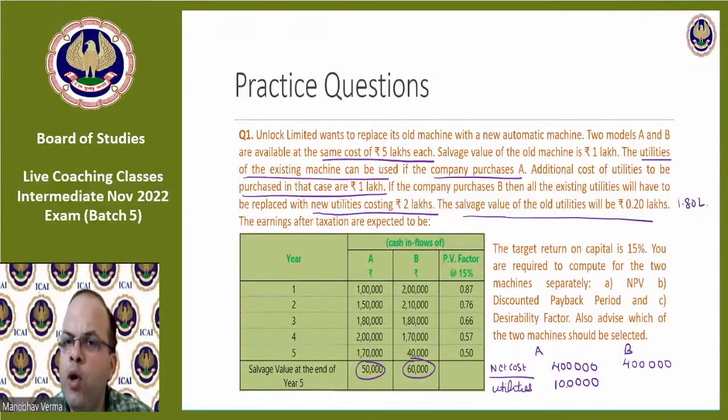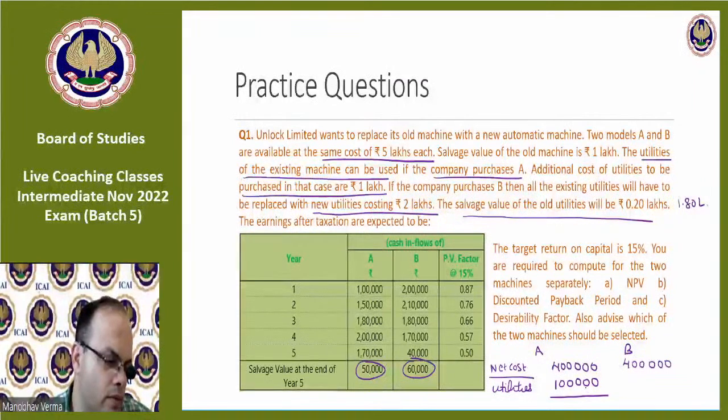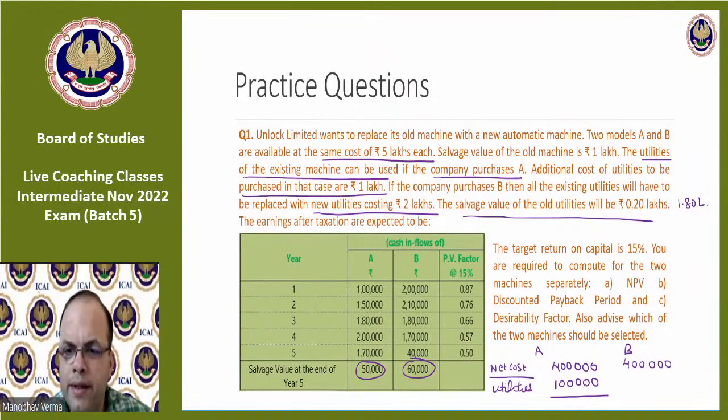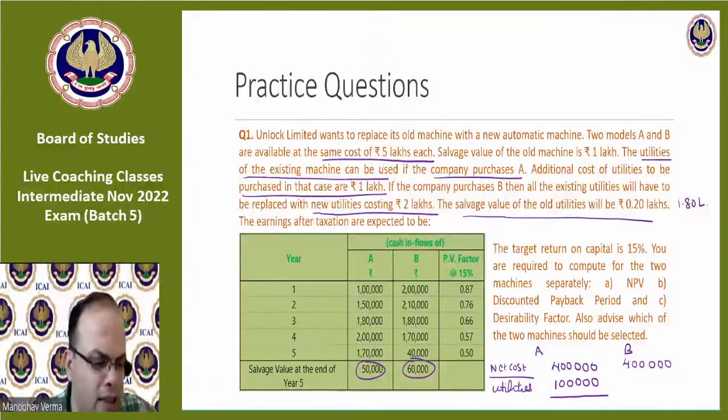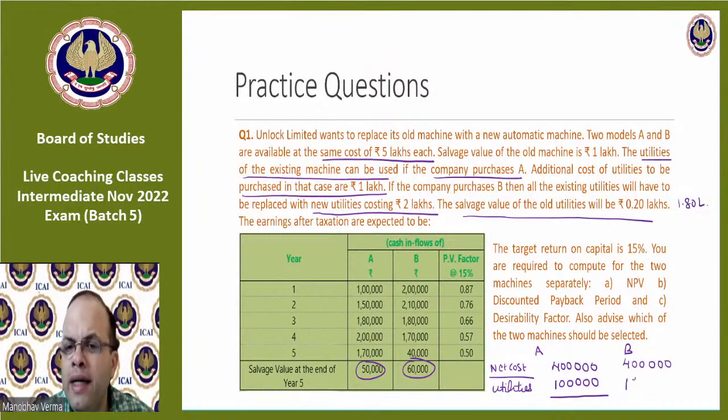So we are talking about 4 lakh plus 1 lakh, that is 5 lakhs here. But what about machine B? They said all the new utilities have to be purchased and the existing utilities will be sold for 20,000. So 2 lakhs minus 20 is 1 lakh 80. So we're talking about 5 lakhs here and 5 lakh 80,000 here, guys.